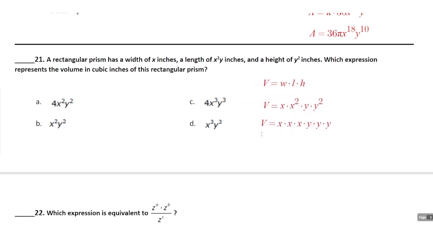And so now that we regroup, we can see that we have 3 x's, or x to the third power, times 3 y's, or y cubed. Our answer is, let's see, do we actually have this one? Did I miss something? Oh no, it's right here, D.